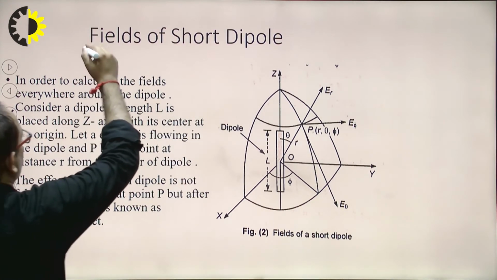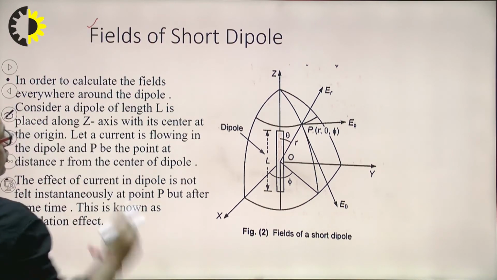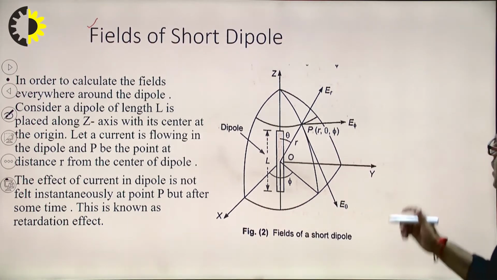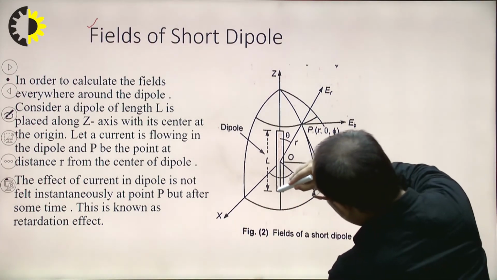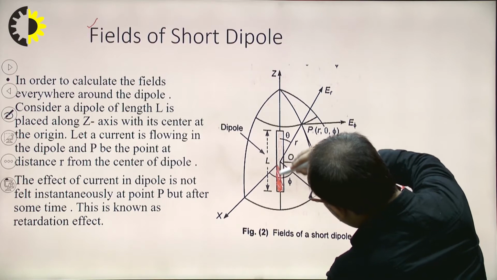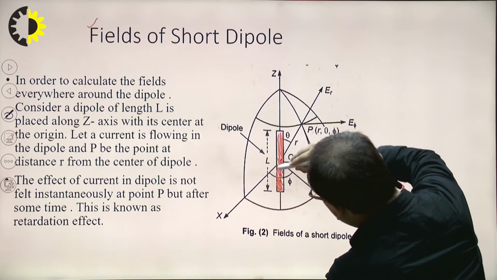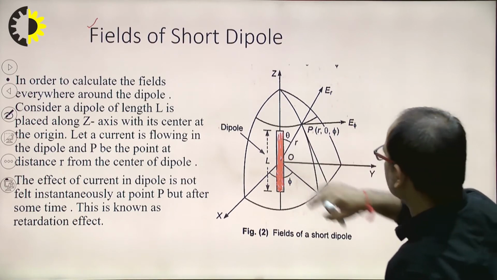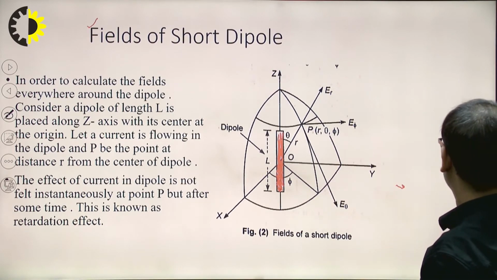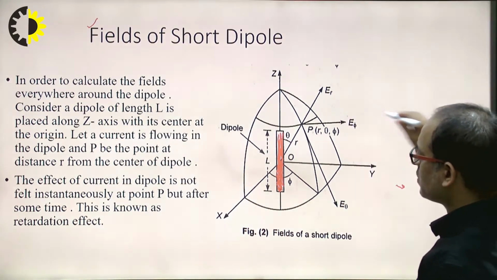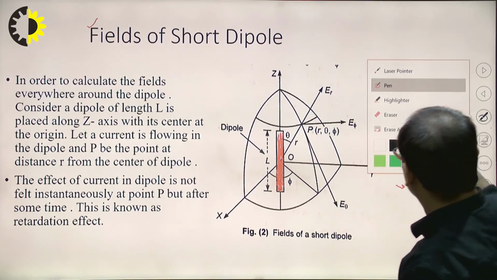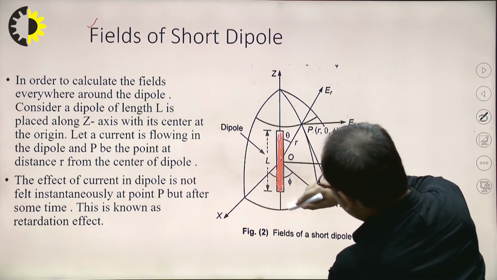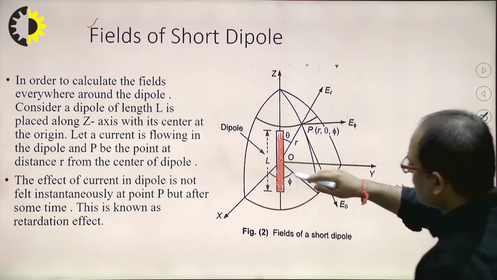Now, here I want to calculate the field of a short dipole. Field of a short dipole means the short dipole is present at the origin, and I am passing a current through this dipole, and this will produce what?